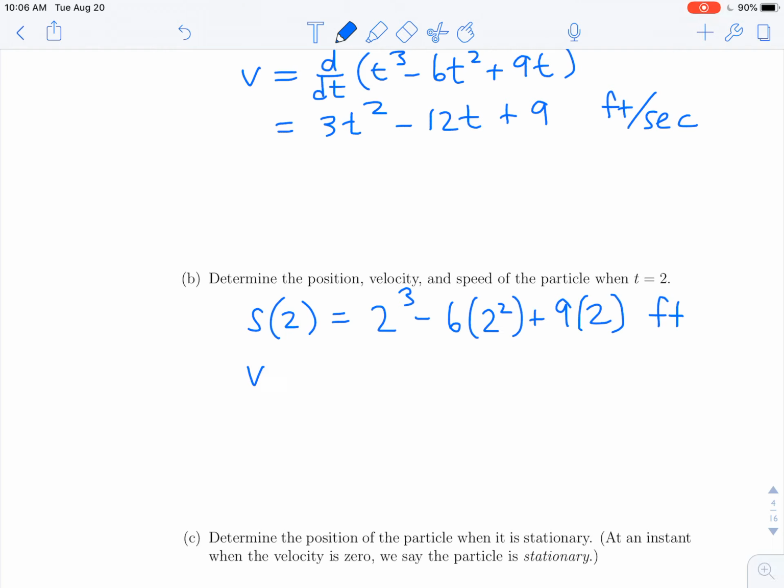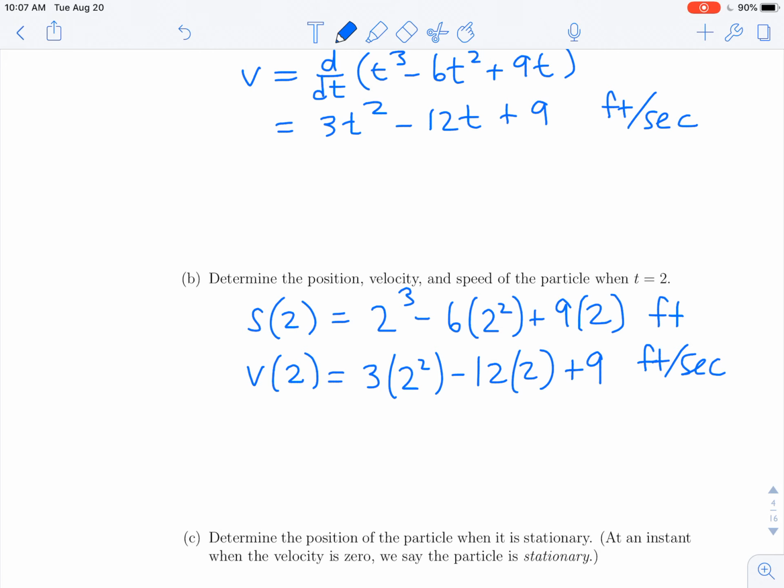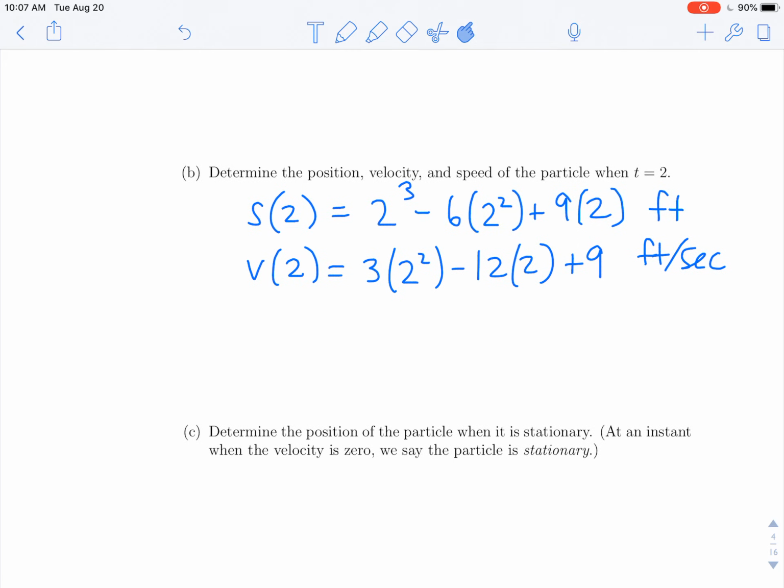And then the velocity at 2 is going to be 3 times 2 squared minus 12 times 2, plus 9, and the units there will be feet per second. Since I need to take the absolute value of the velocity to get the speed, I'm going to go ahead and simplify that.